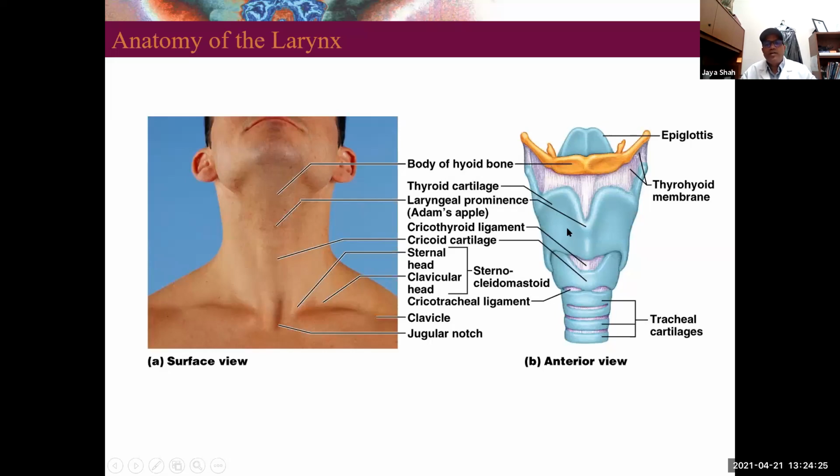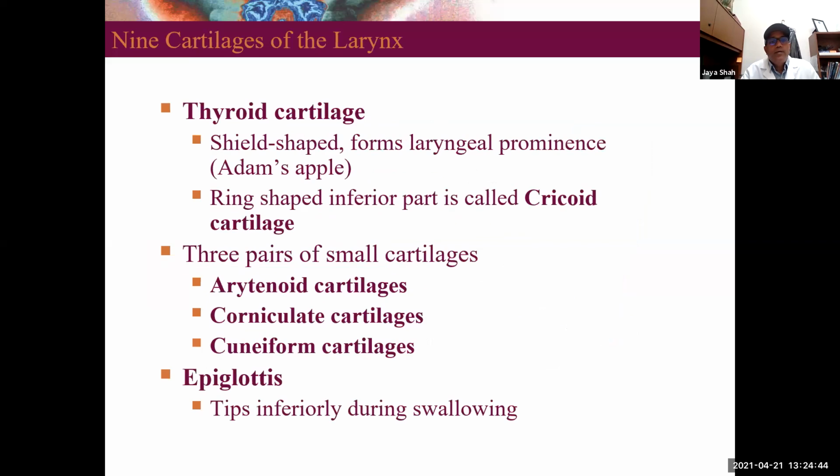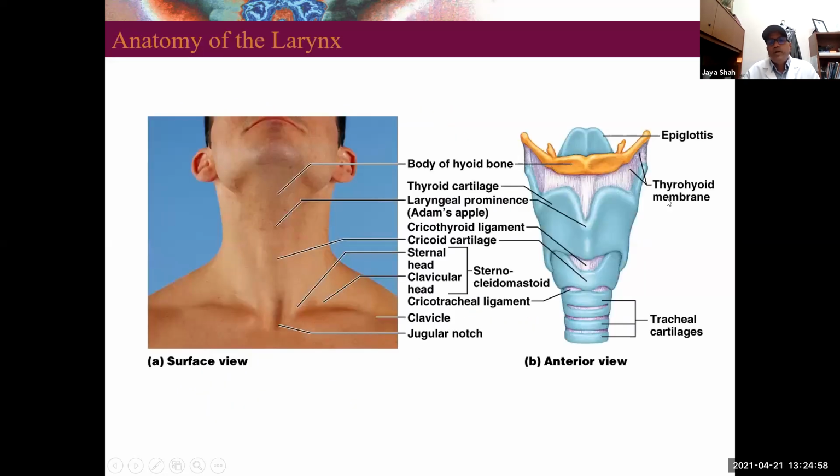This is the thyroid cartilage, this is the cricoid cartilage, and then there are other cartilages like the corniculate cartilage, three pairs. So these are the thyroid, and then the arytenoid cartilage, corniculate cartilage, and cuneiform cartilage. These small cartilages are here, in this area.